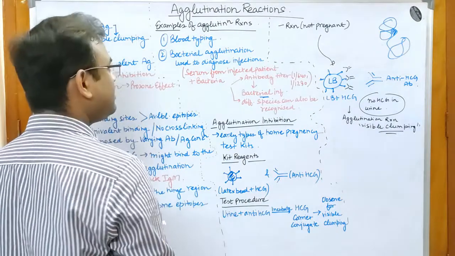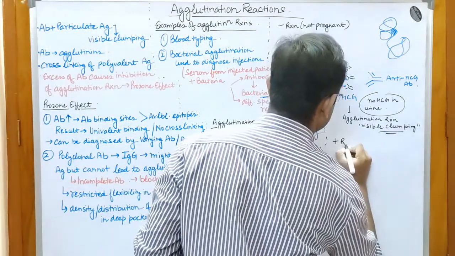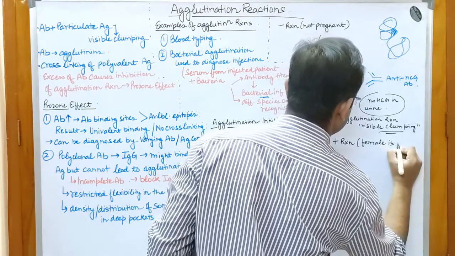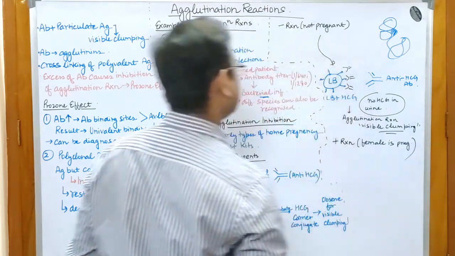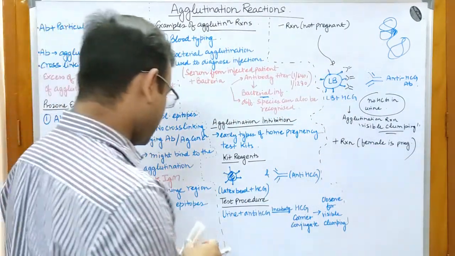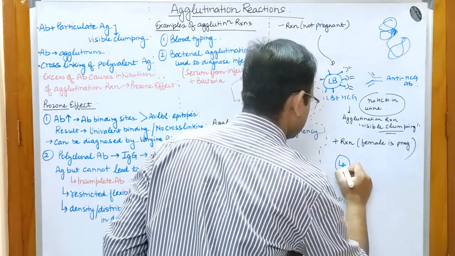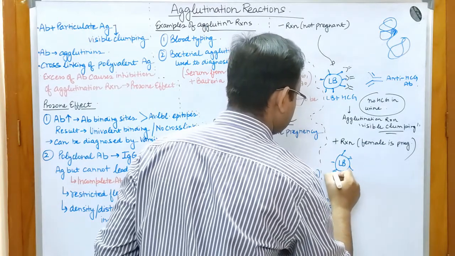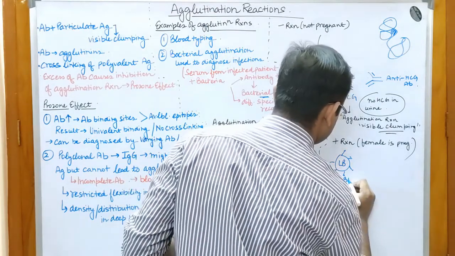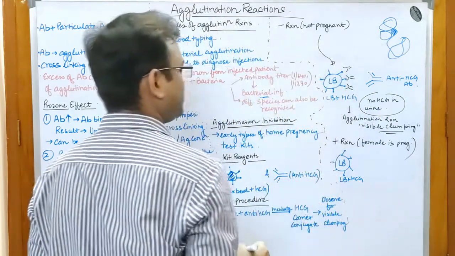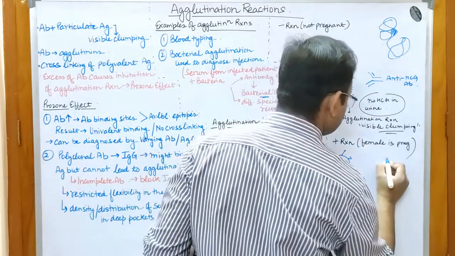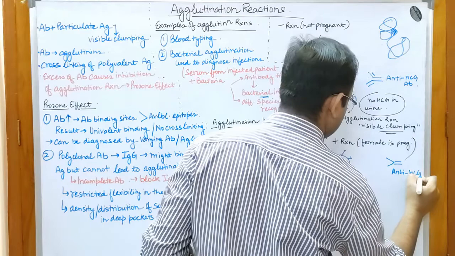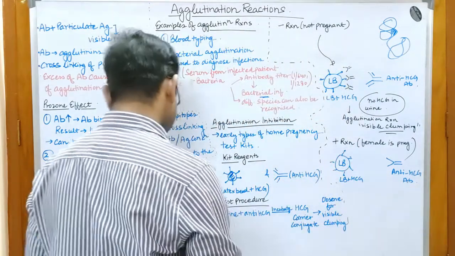Now if the female is pregnant, that is a positive reaction. So what will happen? I'll draw again. LB, latex bead, plus HCG that is attached, and there is anti-HCG antibody also present.